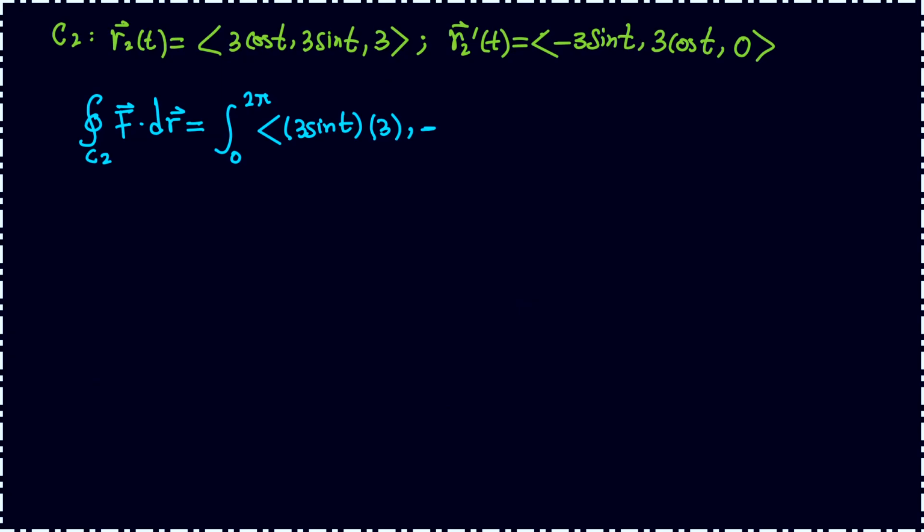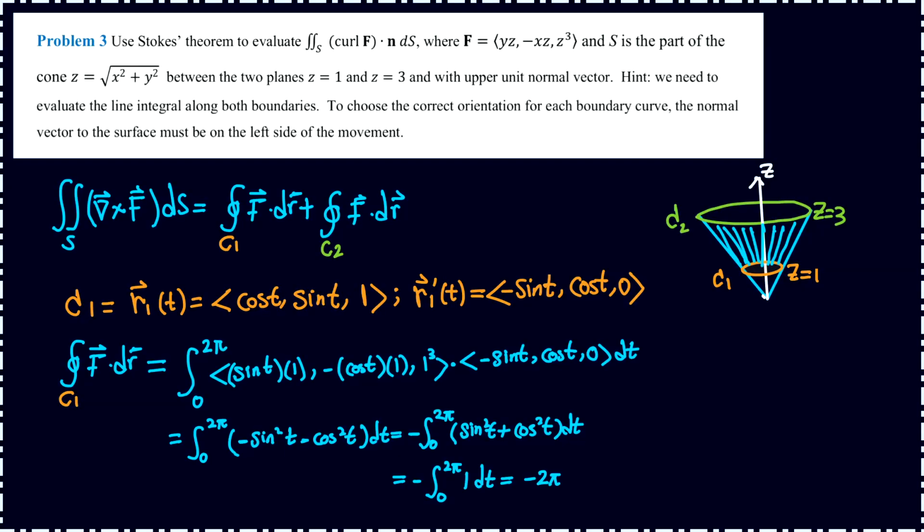So we have negative x, 3 cosine t, times z of 3. And the k hat component is z cubed, so that gives you 3 cubed. I don't have the vector field on the screen. I'm just reading it off of another screen, but this was the vector field.